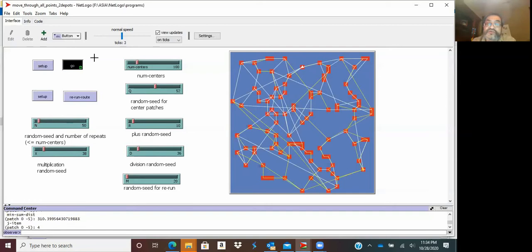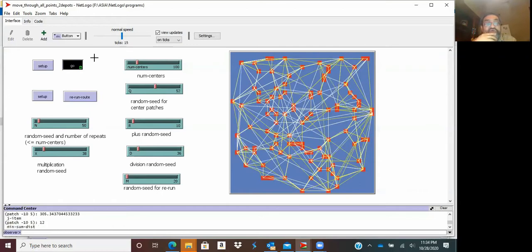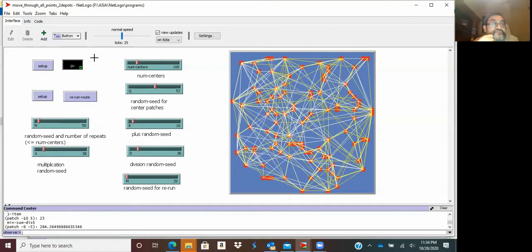It will run two vehicles, run 50 times, and each time it calculates its own length of traveling. After it finishes 50 times, we choose the one that gives us the minimum distance, and that would be the optimal routing. So we'll wait until it finishes.